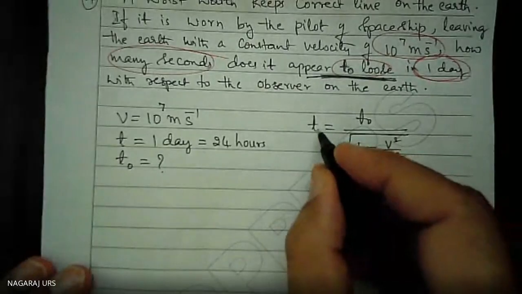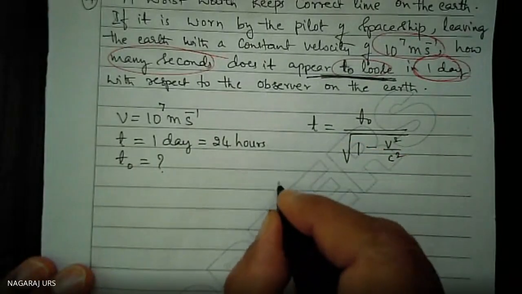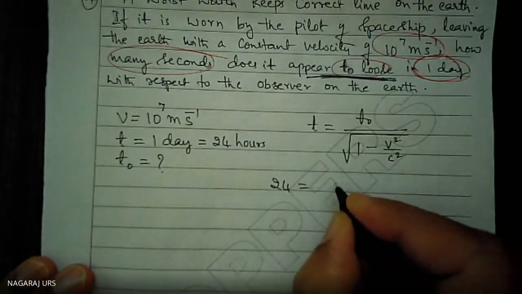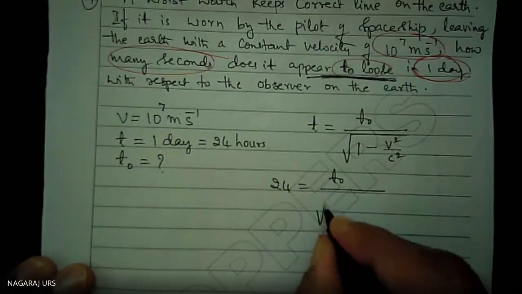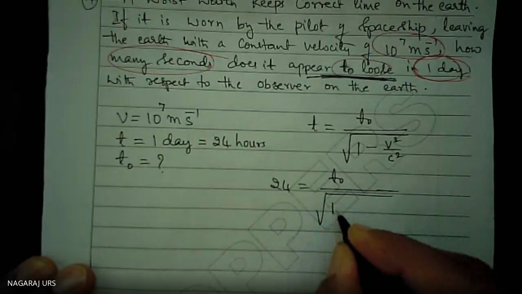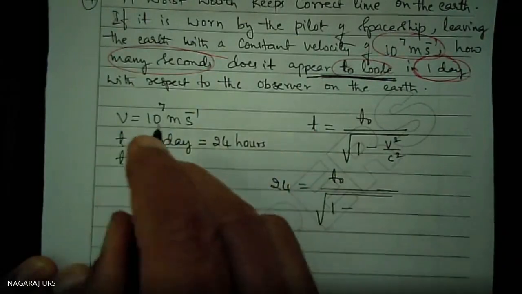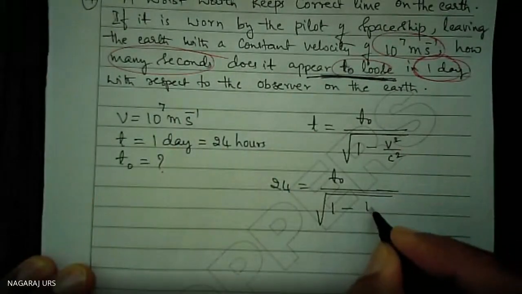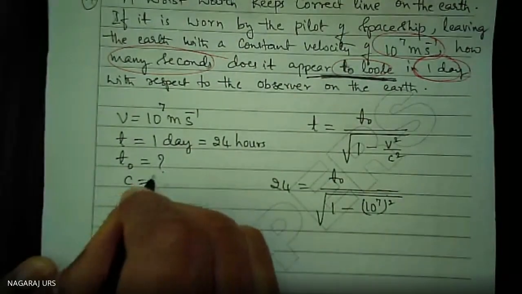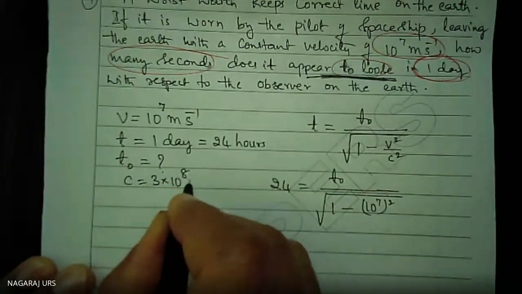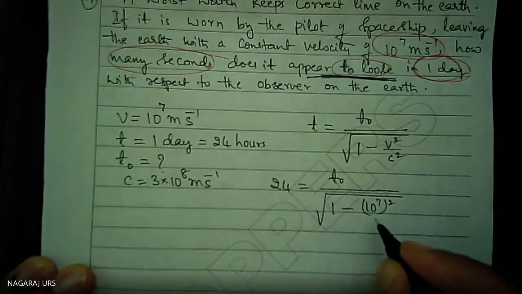Substitution: this is 24 hours. T naught I am supposed to determine. Square root of 1 minus V, 10 to the power 7, C value 3 into 10 to the power 8 meter per second.